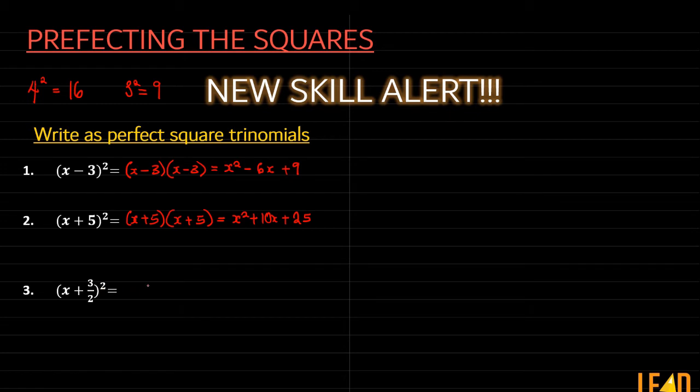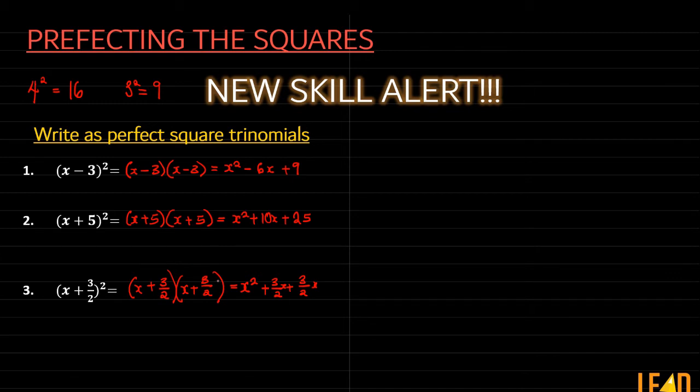This one I wouldn't skip any steps, because I don't want us to get confused. This is x plus 3 over 2, all squared. So we're going to multiply x plus 3 over 2 by x plus 3 over 2. x times x gives you x squared. x times 3 over 2 gives you plus 3 over 2 x, and 3 over 2 times x gives you plus 3 over 2 x again.